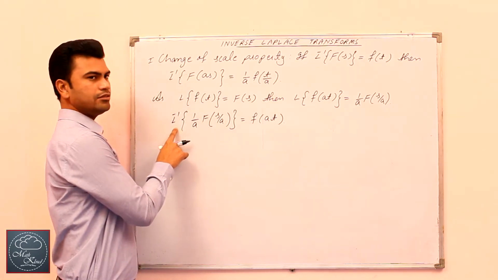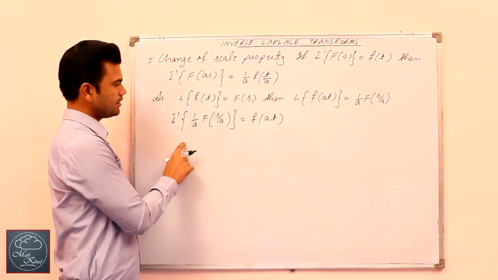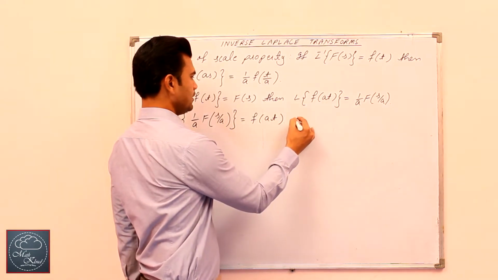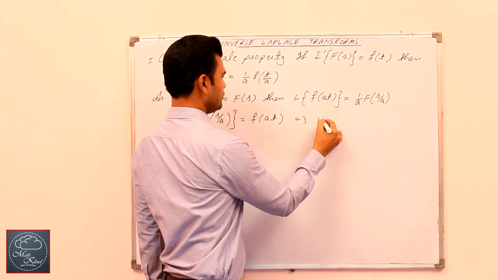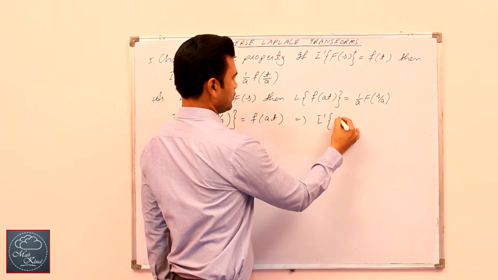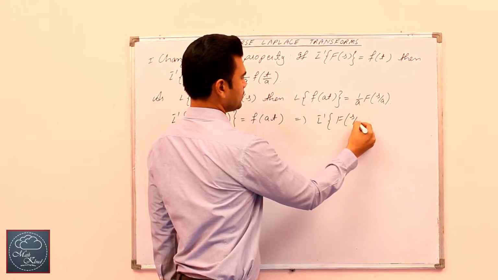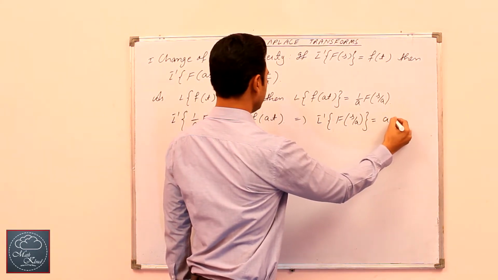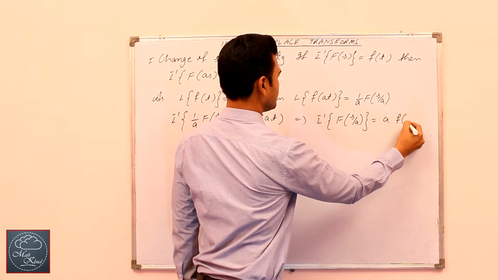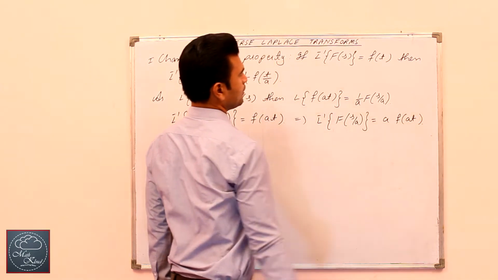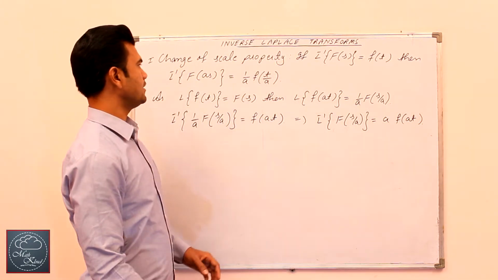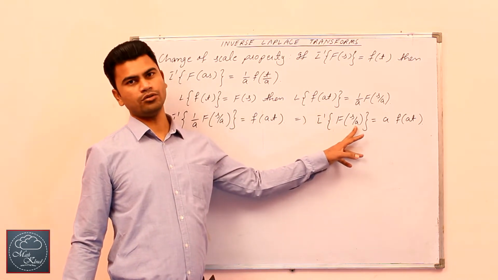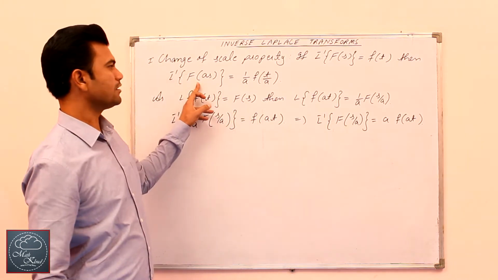Since L inverse is linear in nature, you take this a to the right side, and this implies that the inverse Laplace transform of F(s over a) is equal to a times f(at). And it is very clear that if you replace a with 1 over a, then you will get this result.